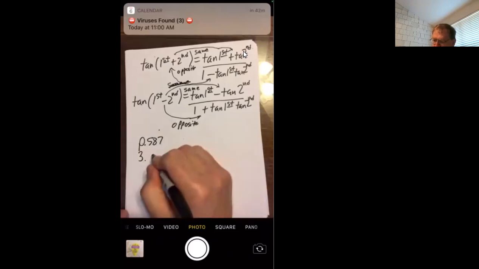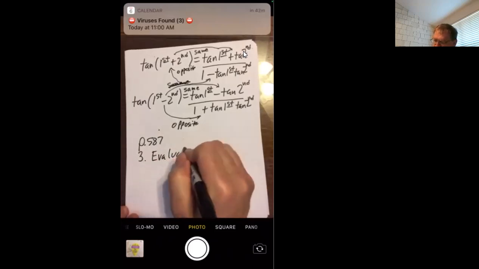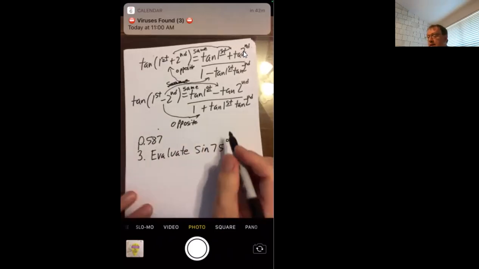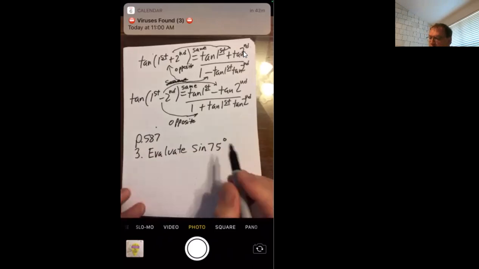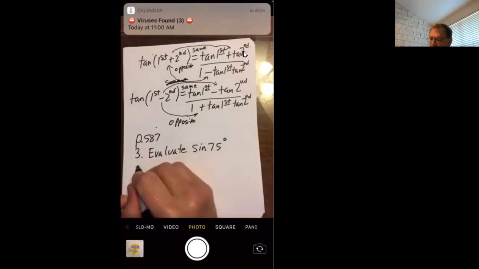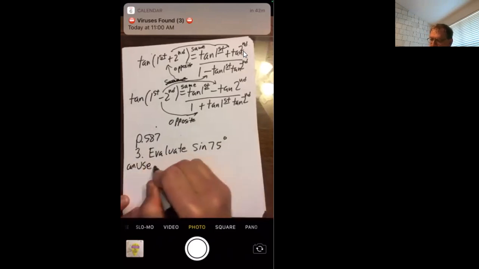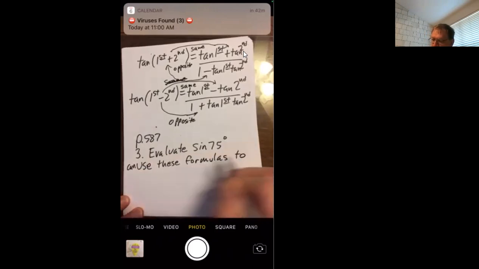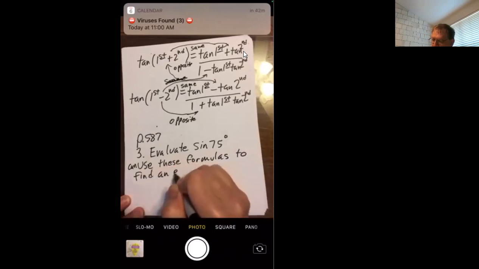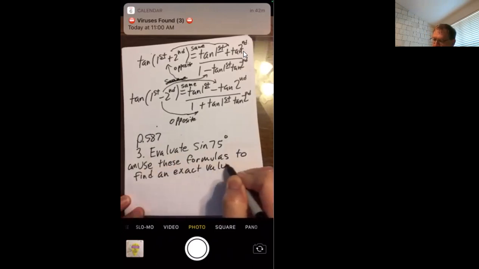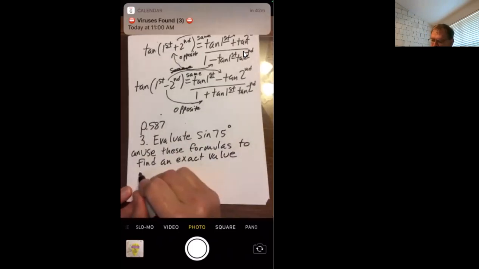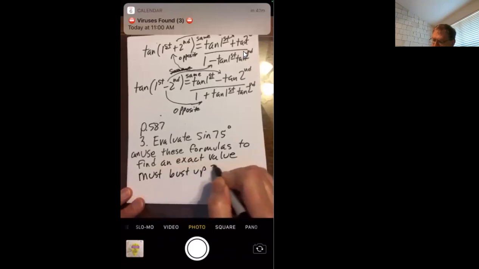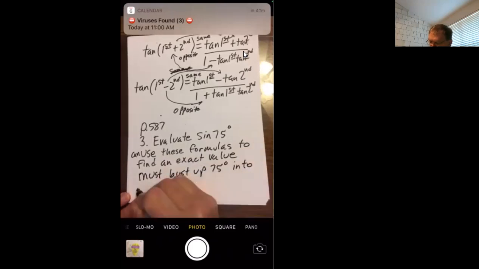So they want you to evaluate sine of 75 degrees. And this is not a circle value, but you can use these formulas to find an exact value. You must bust up 75 degrees into two pieces.